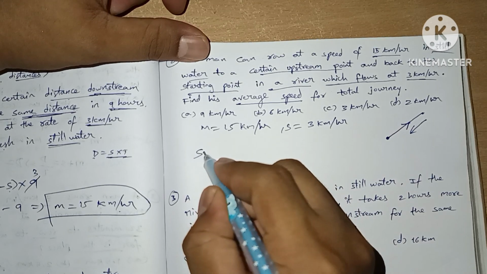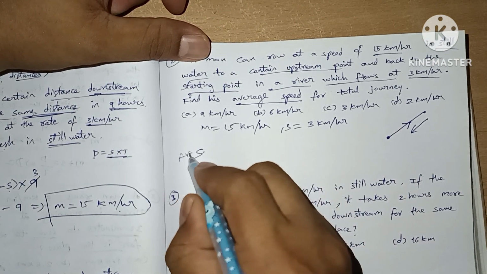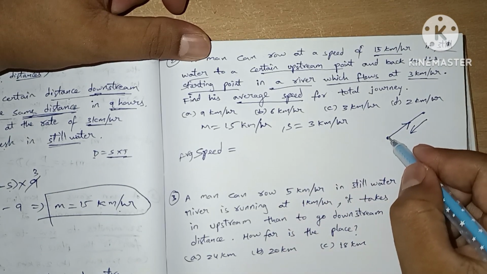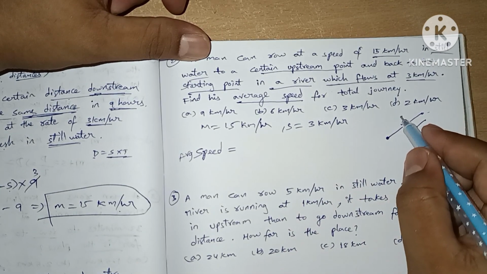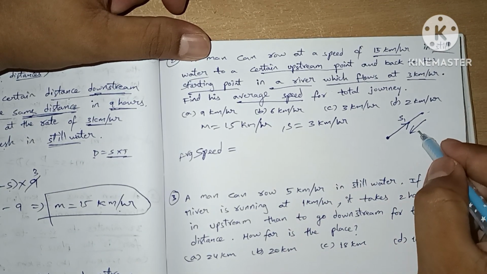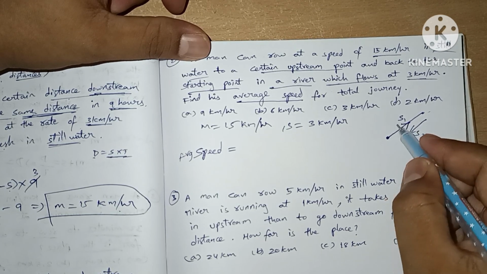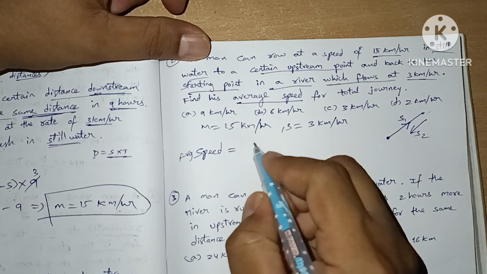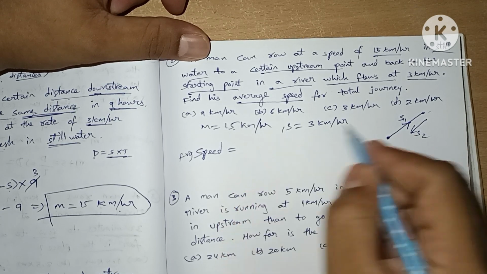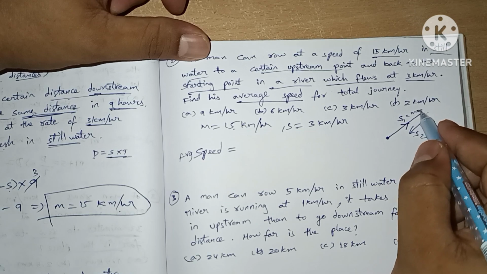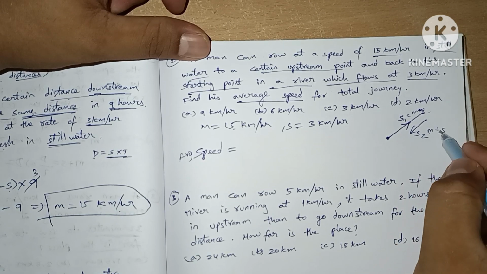Average speed, for the same distance with one speed and returning back with another speed. In the first case, S1 speed is nothing but the upstream speed. Upstream speed means M minus S, and here M plus S speed.